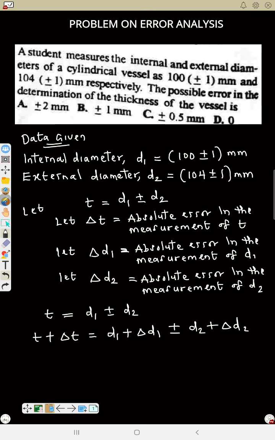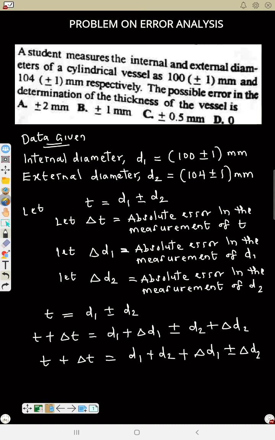So I can write these together: T plus delta T, absolute error in measurement of T, that is the thickness, equals D1 plus or minus D2, then plus delta D1, that is absolute error in the measurement of internal diameter, then plus or minus delta D2, absolute error in the measurement of diameter 2, that is external diameter.